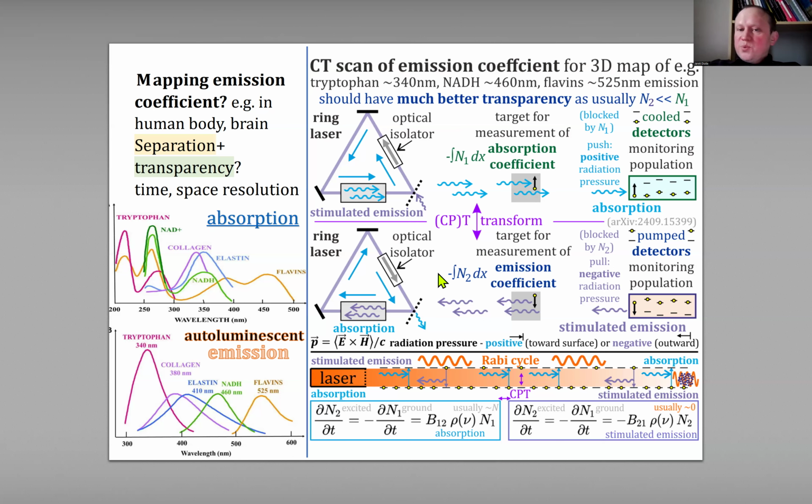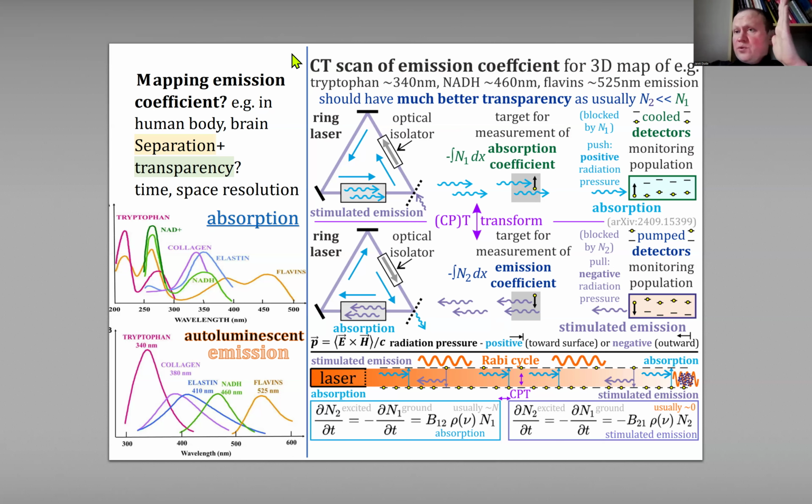If the number is 10 times smaller, then it should easily go through the entire human body. So there is a chance to measure emission coefficient on the go, having it for many planes.